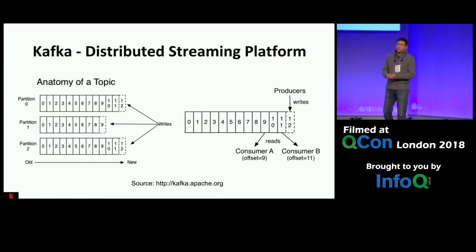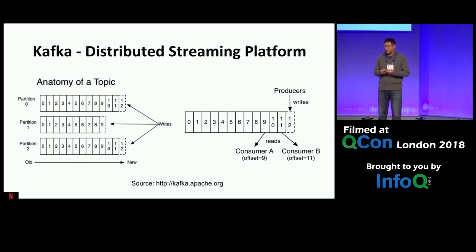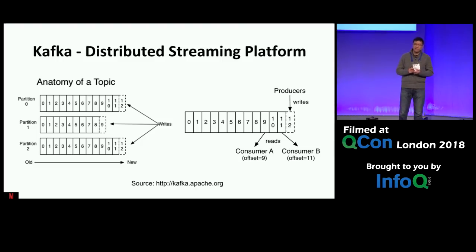For those of you who are not familiar with Kafka, I would like to give a very high-level overview. Kafka is a distributed streaming platform, and at its core are replicated and partitioned logs organized in topics and partitions. In the Kafka ecosystem, we have three components: producers, consumers, and brokers.